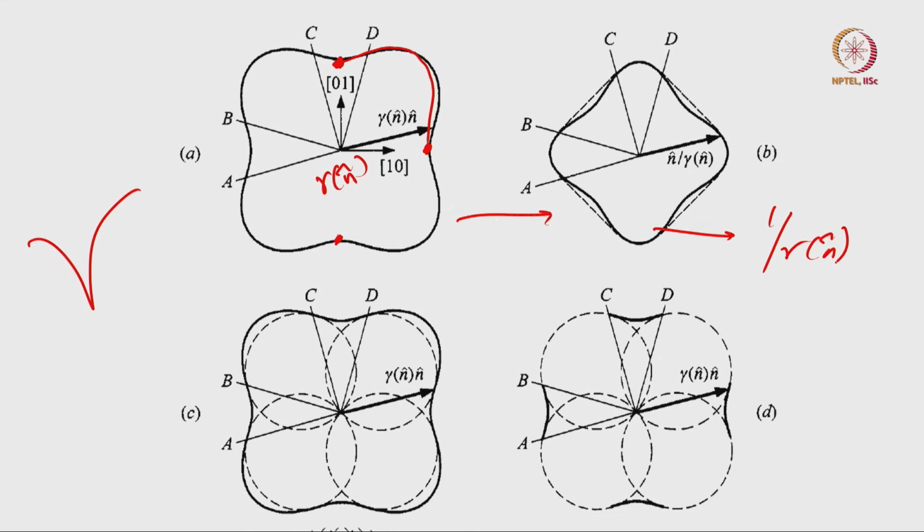Okay. Now, 1 by gamma has maximum where the minimum of gamma is. So, the maximum of gamma inverse will be here, right. Similarly, there is another maximum here, there is another maximum here, there is another maximum here, these are maxima of gamma inverse. Okay.